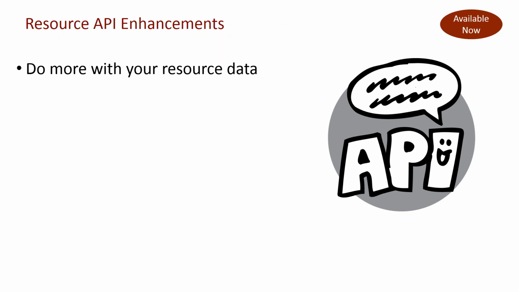And one of the ways that we want to help you do that is through the iCarol Resource API, which is something that has been in place for quite a while now, a couple of years I believe, but we're always actually enhancing that as well and adding on new things that it can do, and in this particular quarter we had a few things that we had done to that.